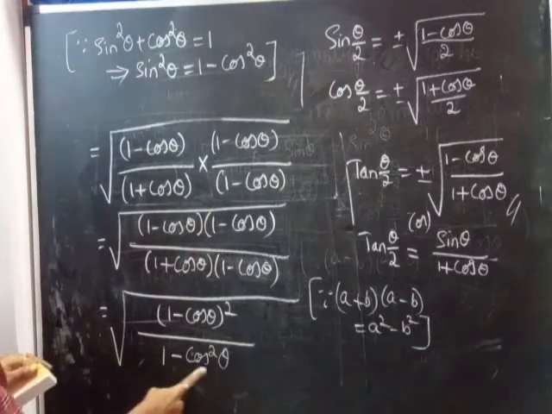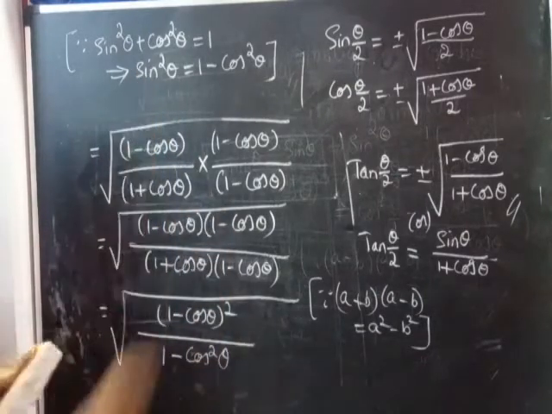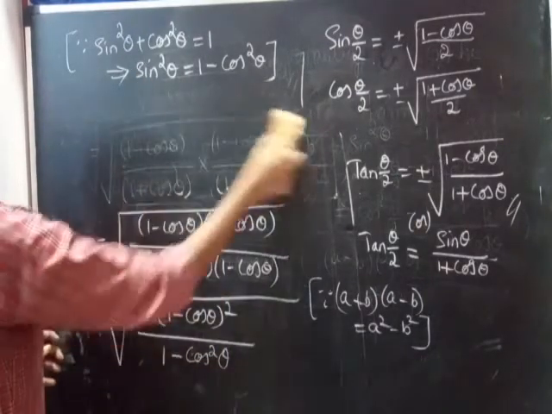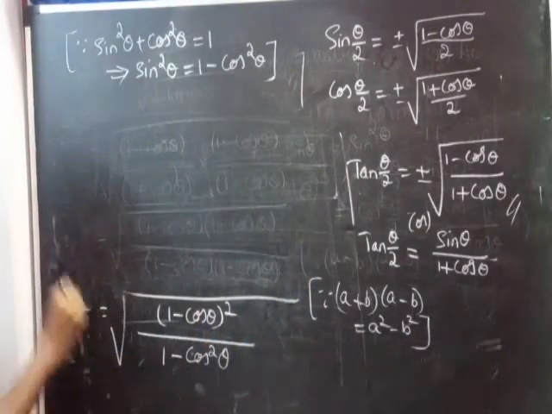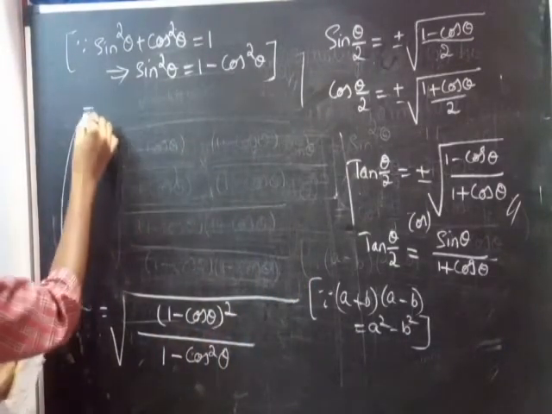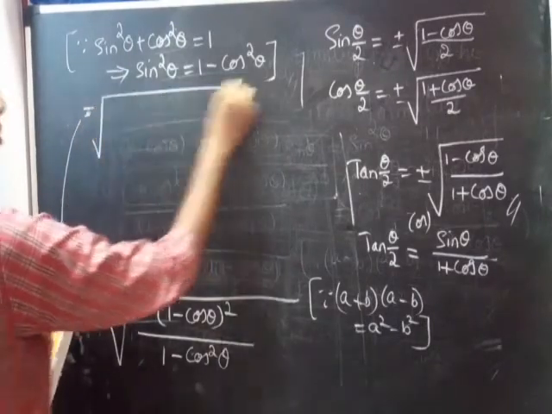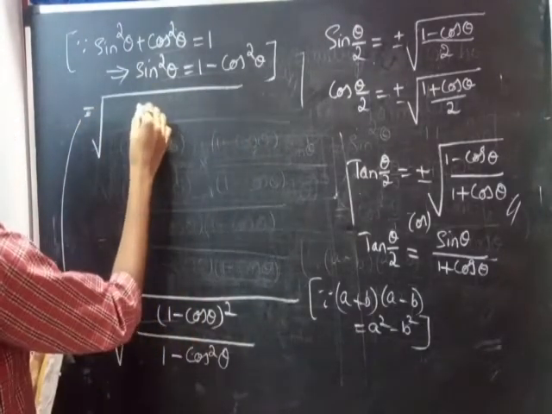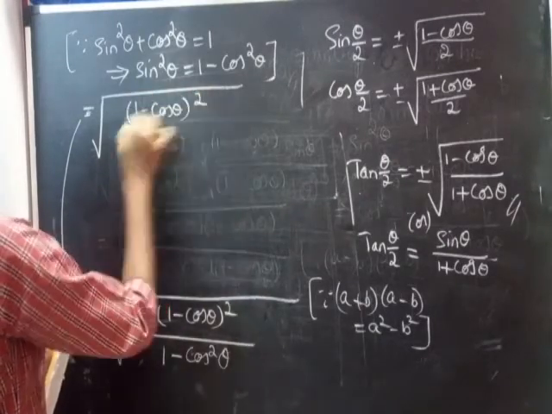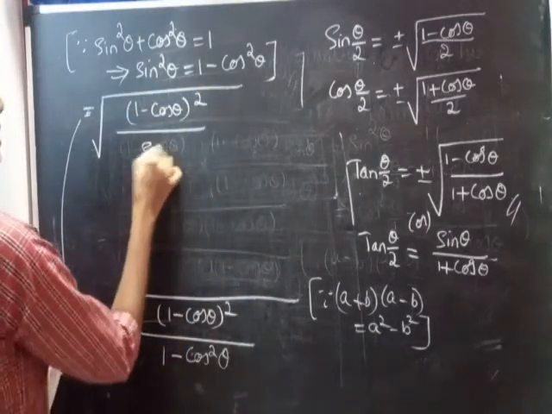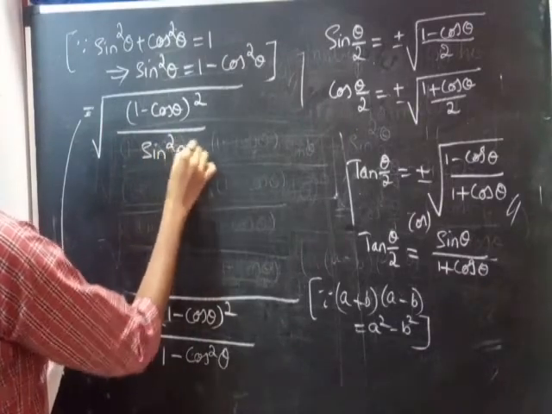Now replace 1 minus cos square theta with sin square theta. So this equals the square root of (1 minus cos theta) whole square by sin square theta.